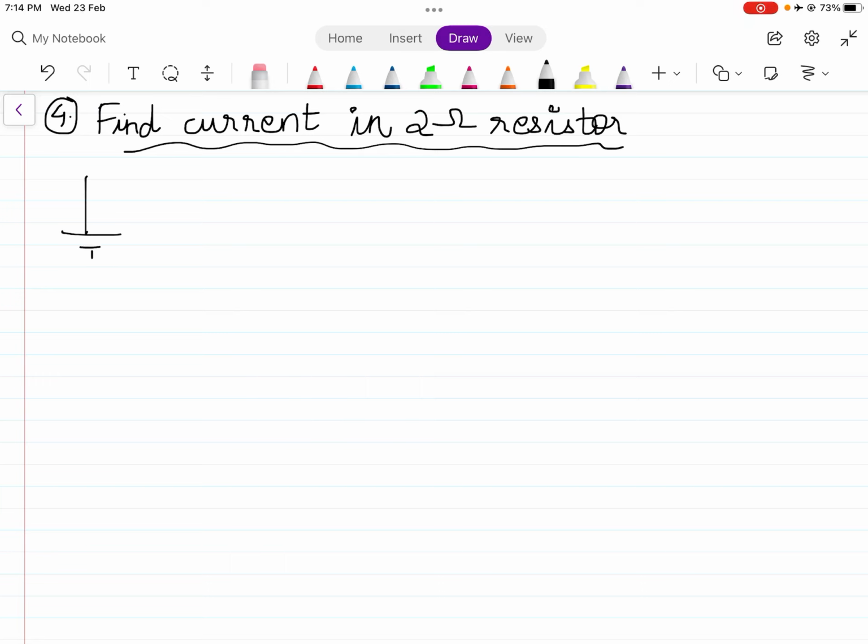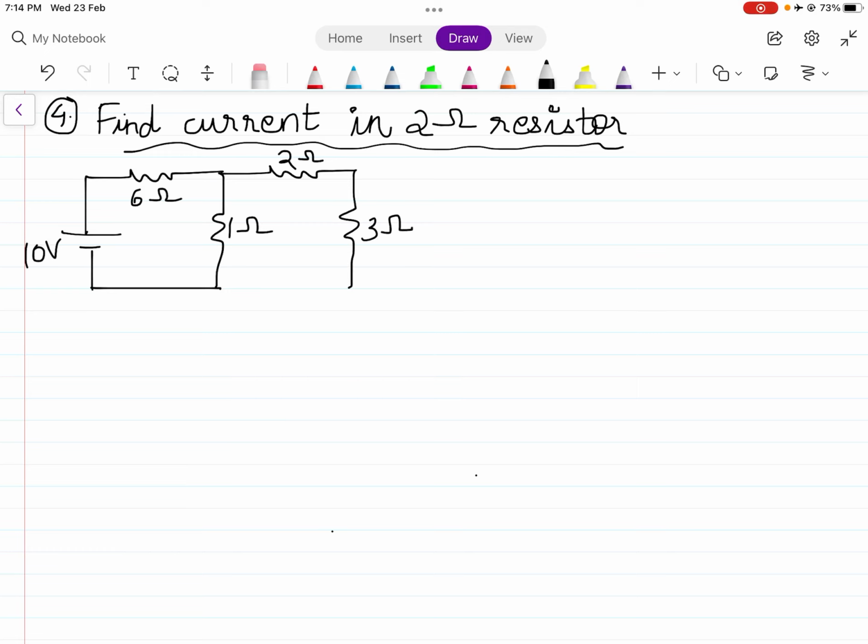So this is given as 10 volt. This is 6 ohms. This is 1 ohm. This is 2 ohms. This is 3 ohms.